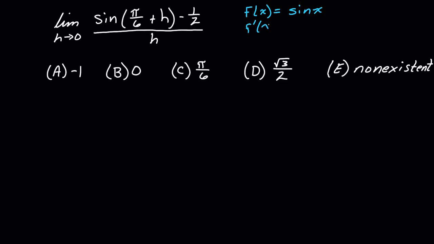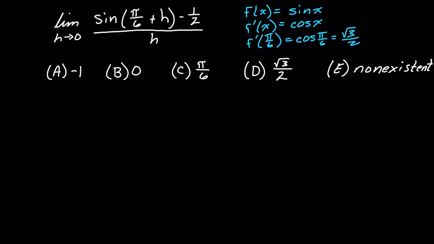We would find the derivative, which is cosine x, and then we would evaluate the derivative at the number that is in place of x in our definition, which is pi over 6 here. So we would evaluate this at pi over 6, and the cosine of pi over 6 is equal to root 3 over 2. That's how we would work this before.